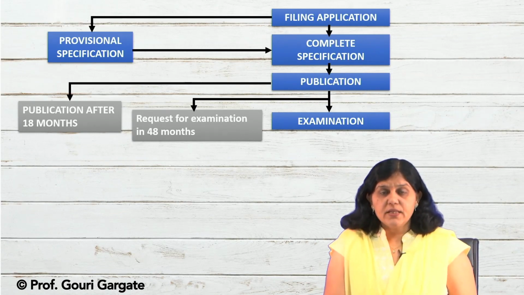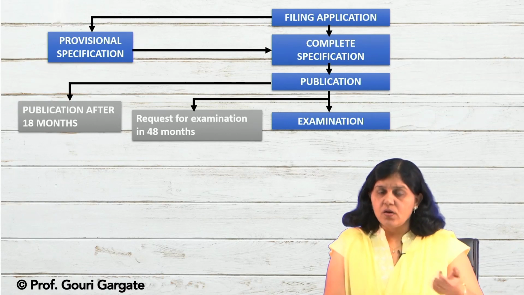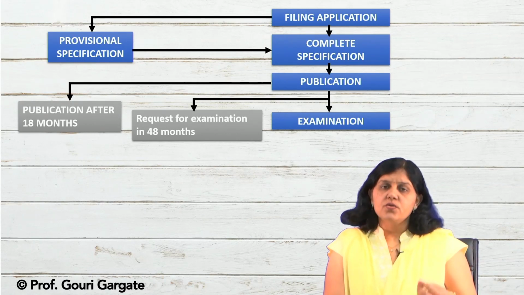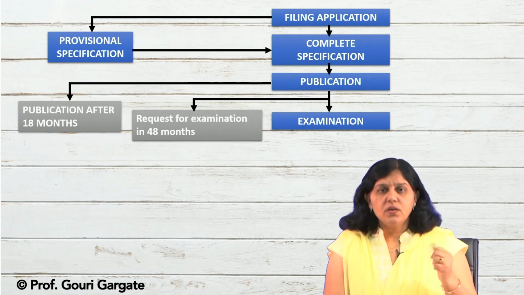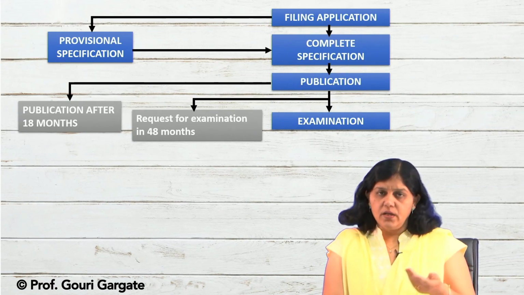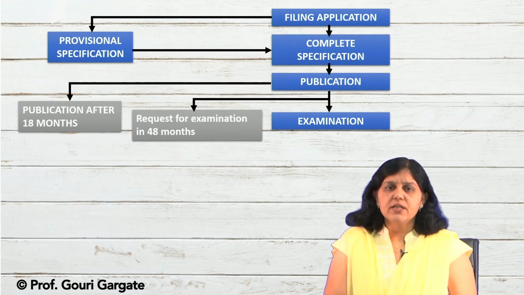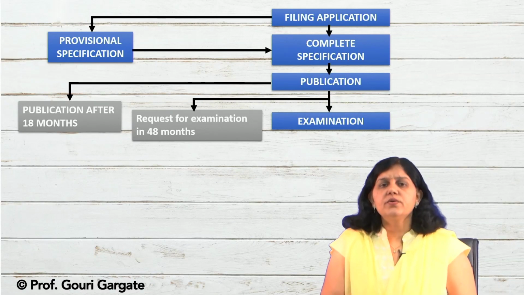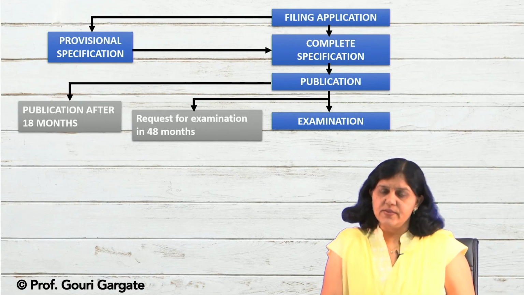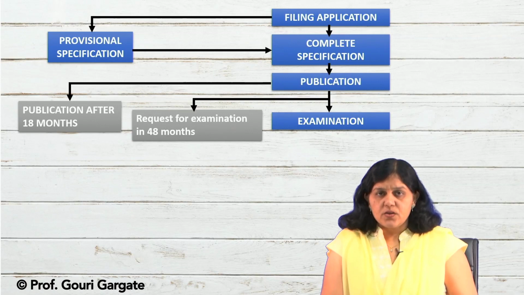Then you have to send this reply either online or by physical filing. If you have a digital signature, you can upload the reply on the patent office site. If the digital signature is not there and you yourself have drafted it, you can go to the patent office and file it physically. Okay. So, this is the FER and the reply to the FER.